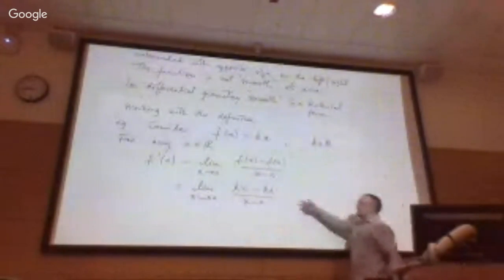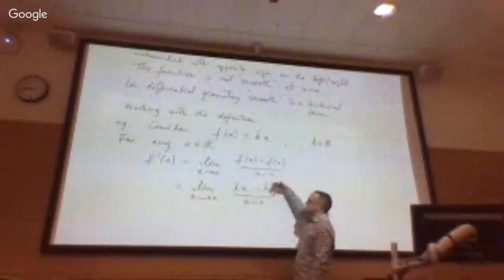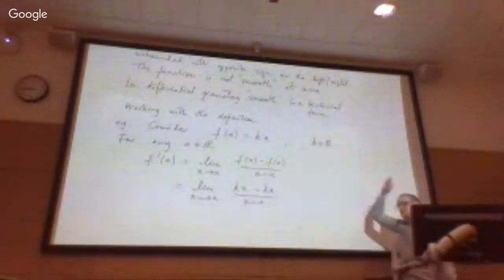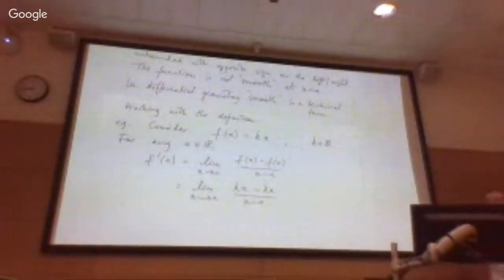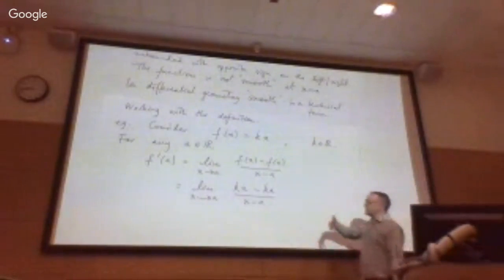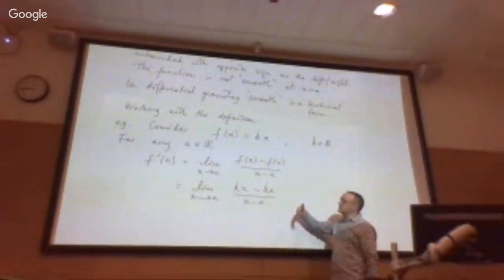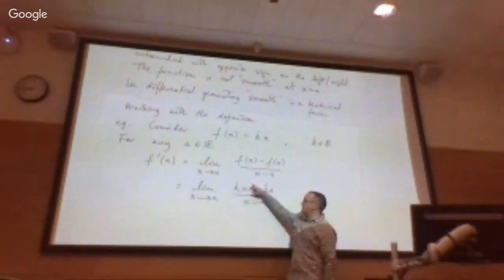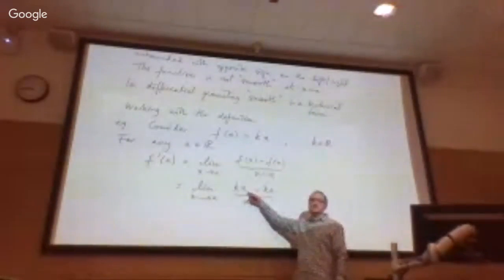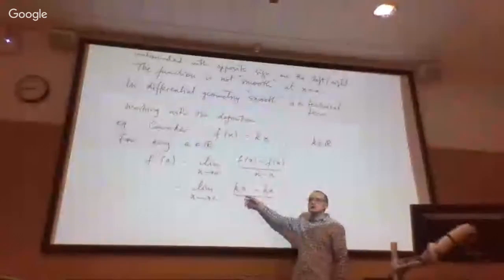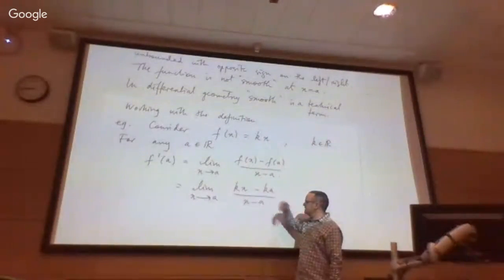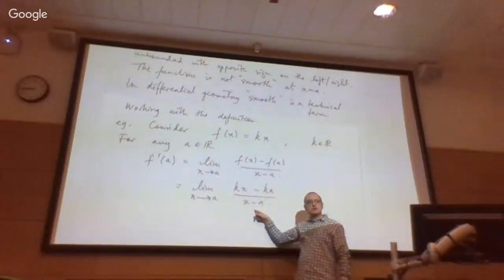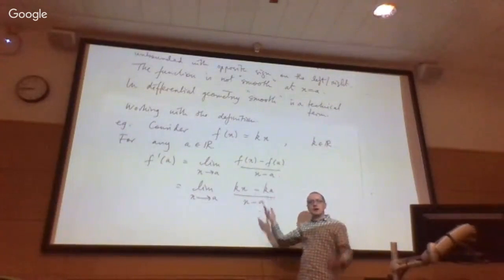You see here an example of how the derivative measures the behavior of the function at a, but doesn't actually refer to the value of the function at a itself. You can't just figure out this limiting value by substituting x equals a into it. If you substitute x equals a, you'll have a 0 on the top and a 0 on the bottom, and there's nowhere you can go with that.